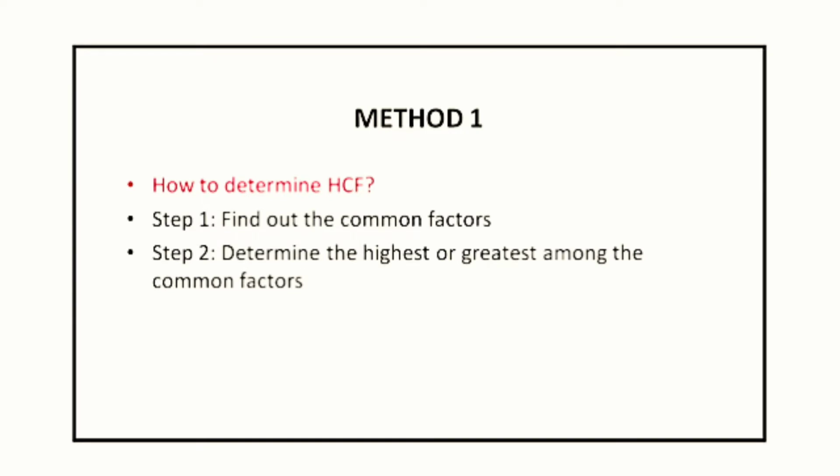Step 1. Find out the common factors. We have just now learned how to determine the common factors of numbers. Step 2. Determine the highest or the greatest among the common factors.